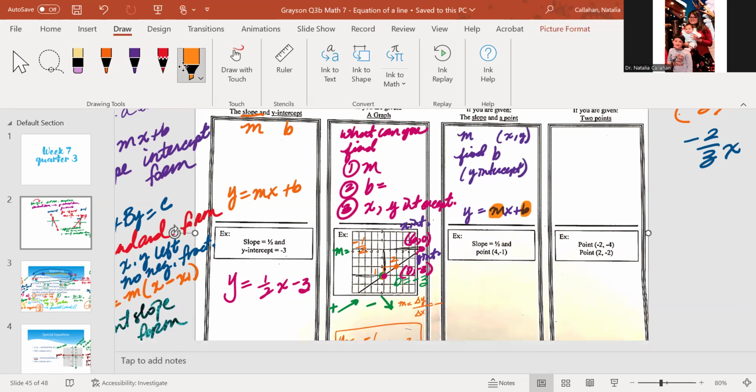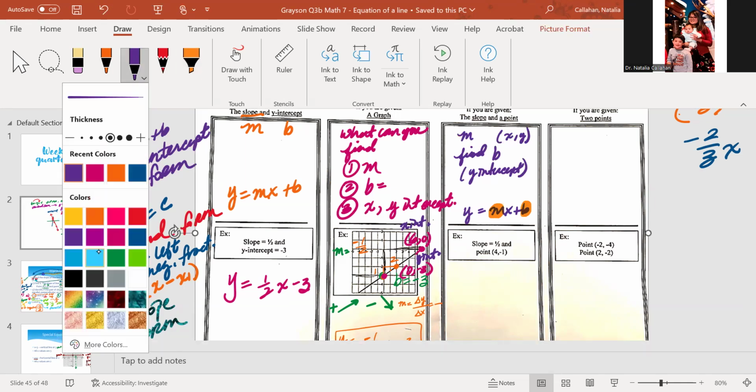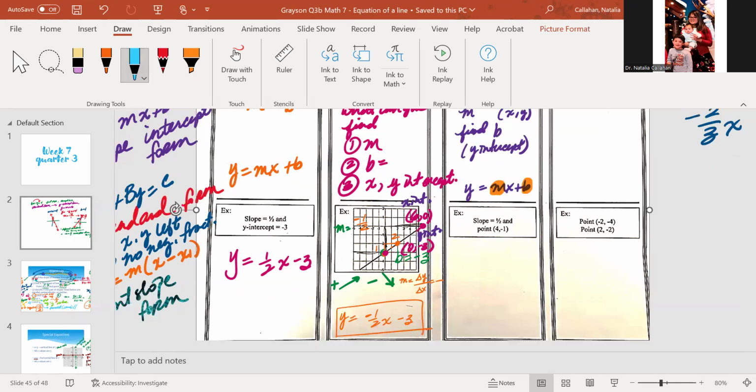All right, so the example given to you right here is y equals mx plus b. You're given that your slope is 1/2, and your x is 4, and your y is -1, right? So let's plug that in. When I plug it in, I'm going to have -1 equals 4 times 1/2 plus b.